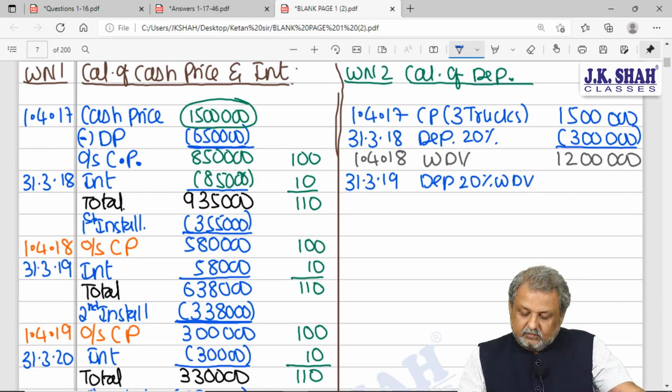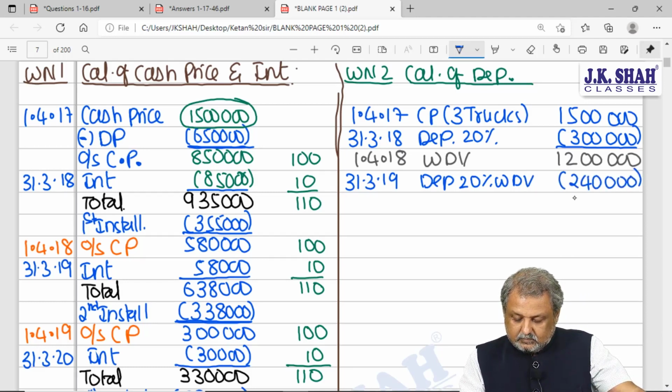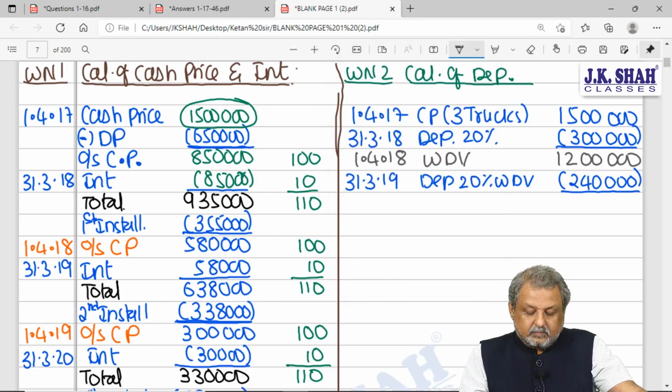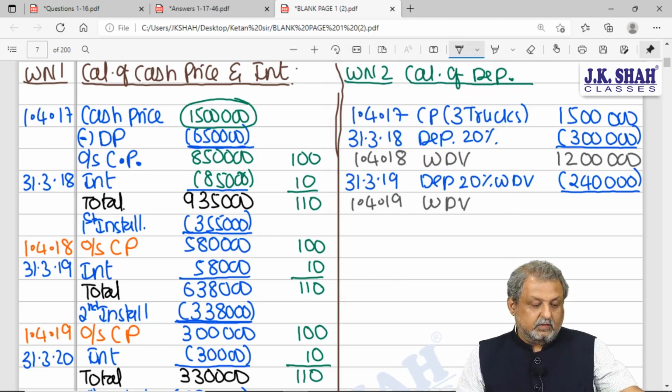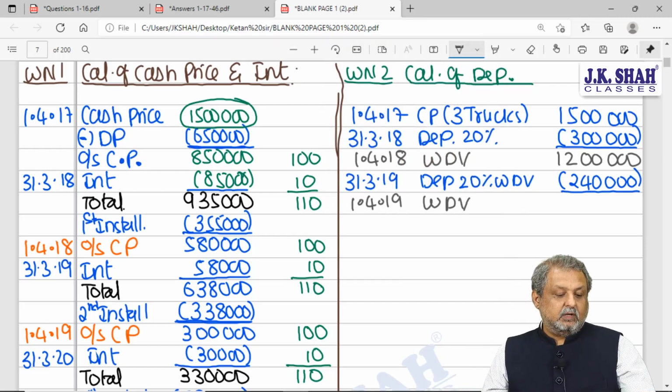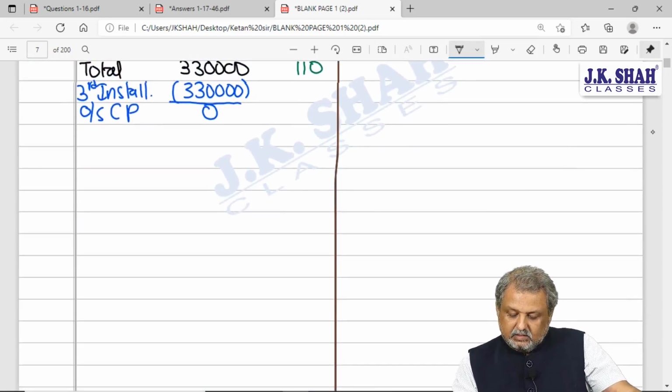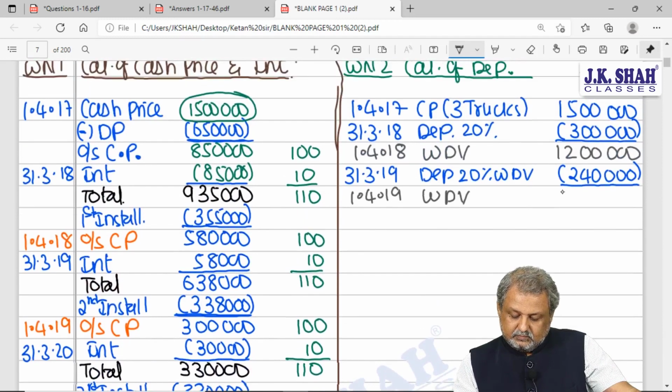So 2,40,000. So once again, 1st April 19 WDV. Tell me, 12 lakhs minus 2,40,000, 9,60,000.